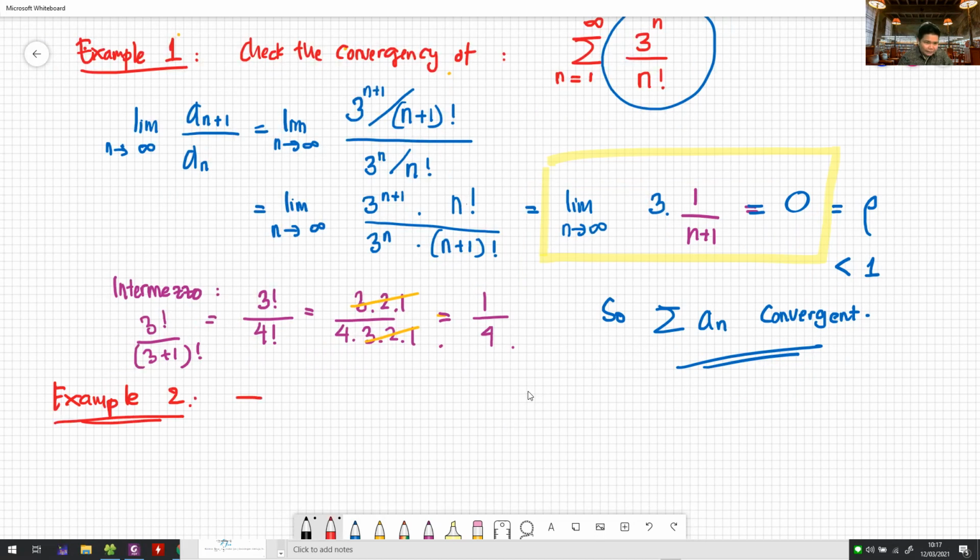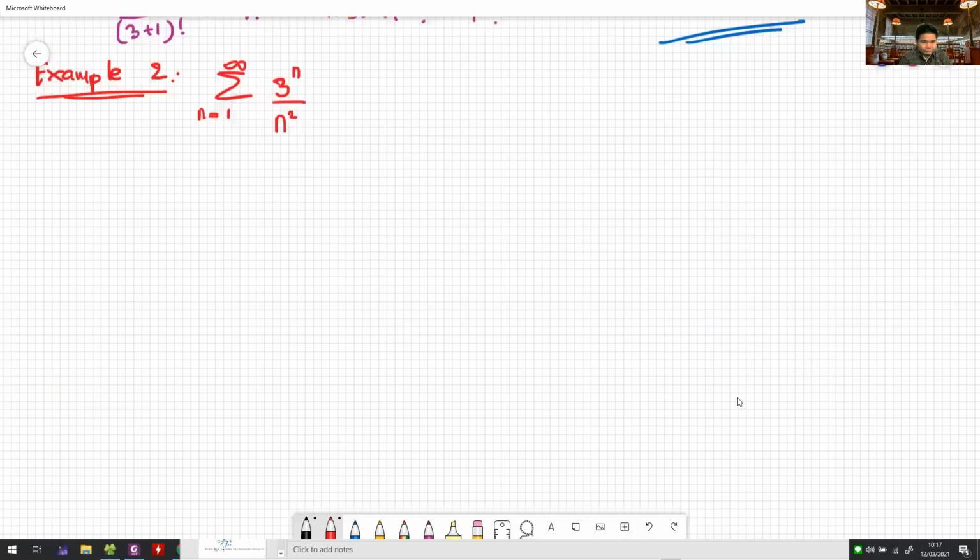Check the convergence of the series using the ratio test. For example, this one is 3^n divided by n^2, where n goes from 1 to infinity. Okay, what do we have here?